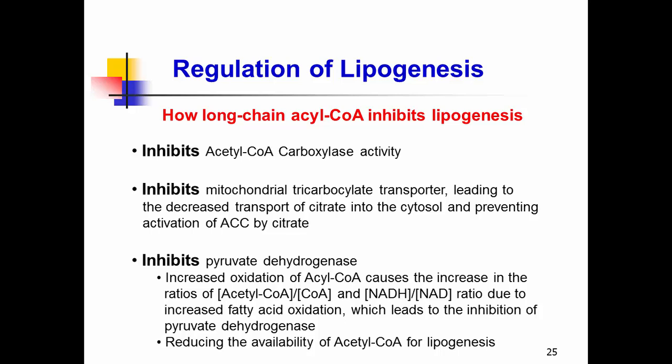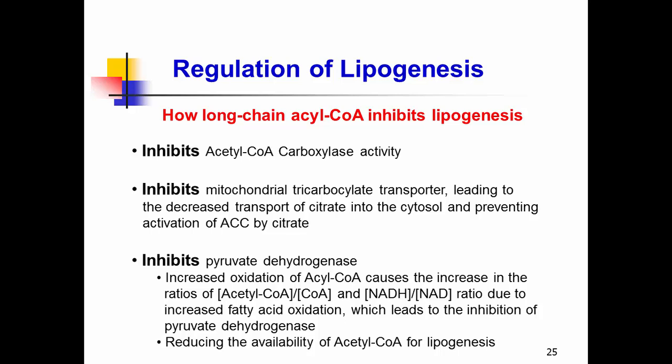So if this transporter is inhibited by long-chain acyl-CoA, you have decreased citrate transport into the cytosol. Remember, citrate is the allosteric regulator of ACC, right? So if you have decreased levels of citrate in the cytosol, then you have less activity of ACC. Right? Does that make sense?